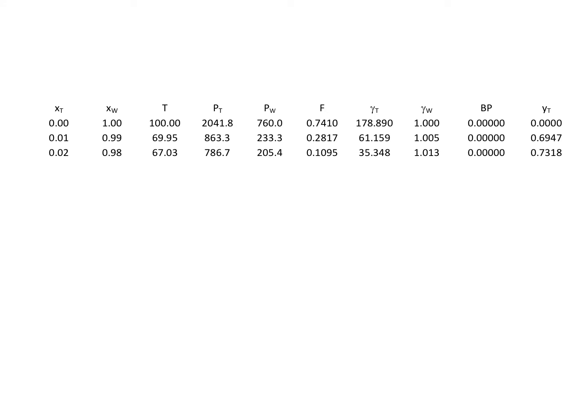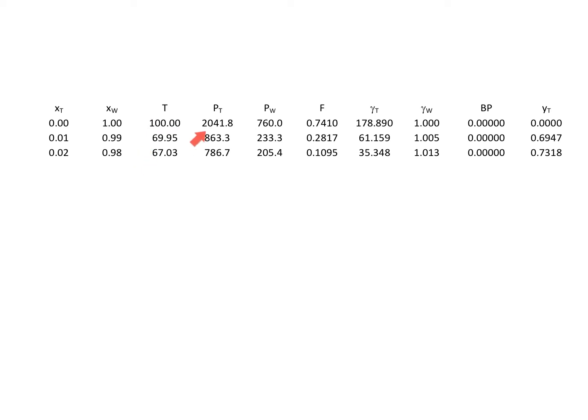Now, here is how I generated the XY data for THF and water in the spreadsheet. And I've just shown the first few steps here. So here's the THF mole fraction. Then the water mole fraction is just 1 minus that. And this will be a guessed temperature. So I basically went between the boiling points of water and THF.